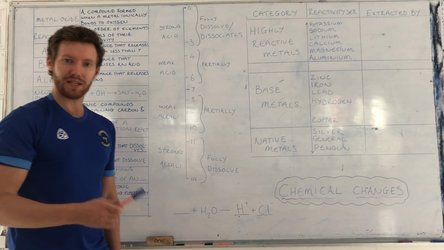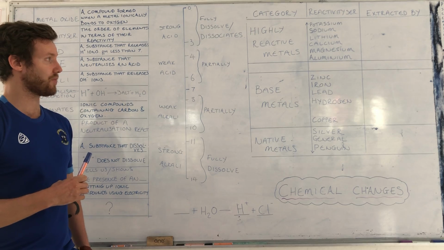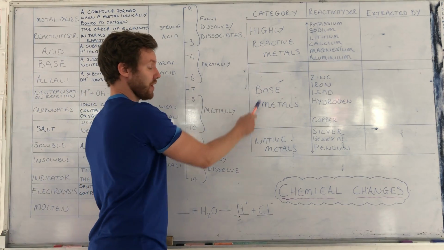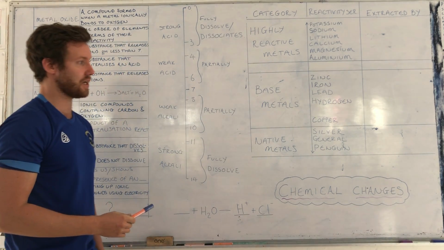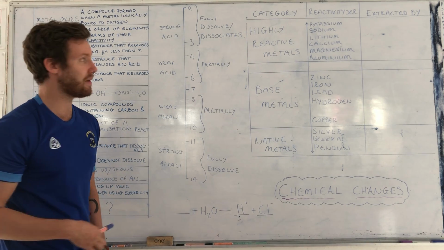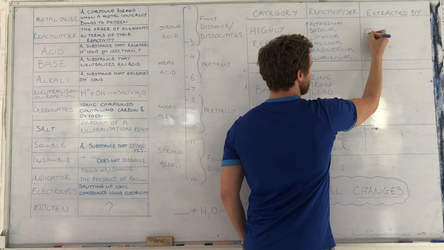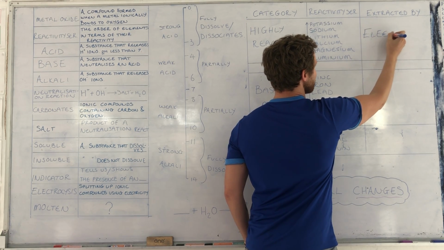How can we extract these? How can we get these metals? 3 different things we want to be able to identify. You would have done this experiment in the classroom. Potassium, sodium, lithium, calcium, magnesium, aluminium, they can all be extracted through the process of electrolysis.